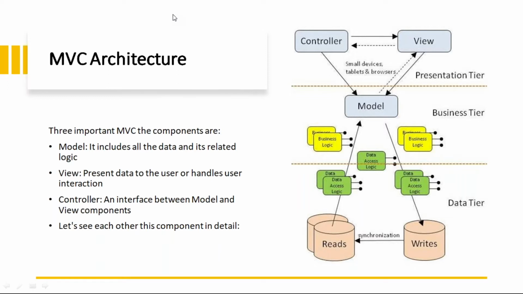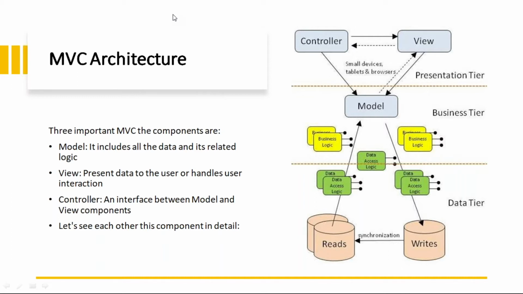For example, if a user goes to a website, maybe he types bbc.com, the page that appears is the view. Then the controller is the business logic that controls everything between the model and the view. Let's say when a user opens bbc.com and clicks on a button, he's making a request, and the request could be a get, a put, or a post request.